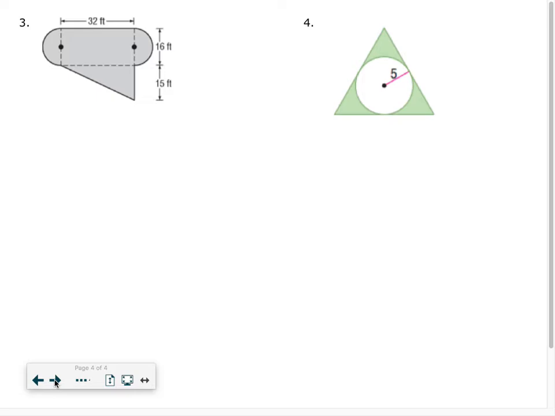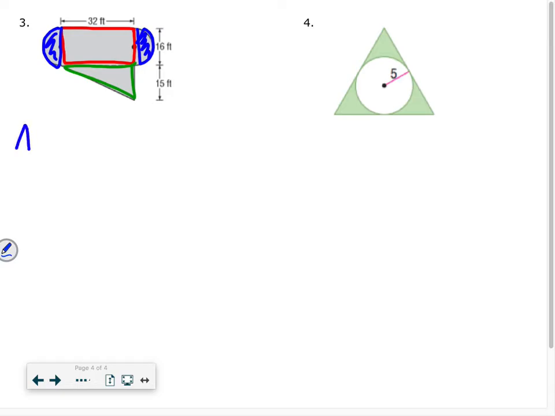Number 3, we have two semicircles on the ends, then a rectangle in the middle, and then a triangle over here. What's nice is that we have 2 semicircles, so if we put those together, we're going to have a circle.